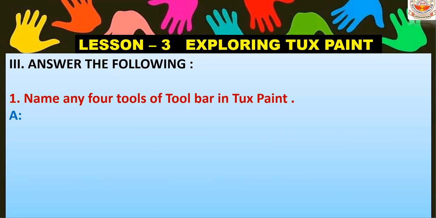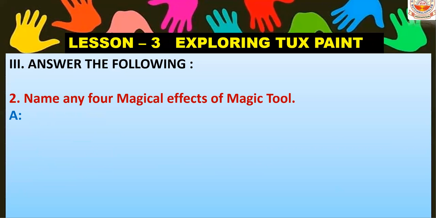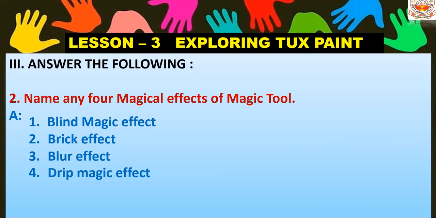You can name any 4 tools, children, which are available in TuxPaint. Here, paint tool, shapes tool, eraser tool, stamp tool. So many tools are there. Any 4 tools you can write. Let us see the next question. Name any 4 magical effects of magic tool. You have to write any 4 magical effects of magic tool, children. So blend magic effect, brick effect, blur magic effect, drip magic.